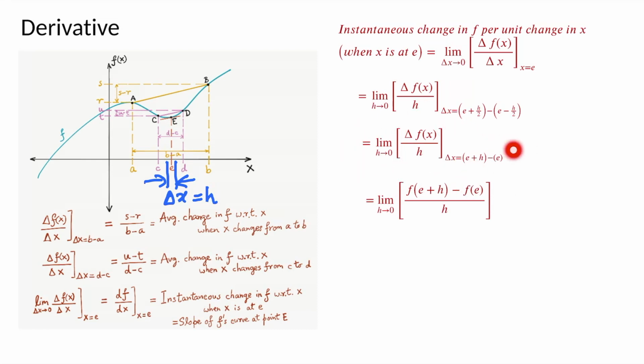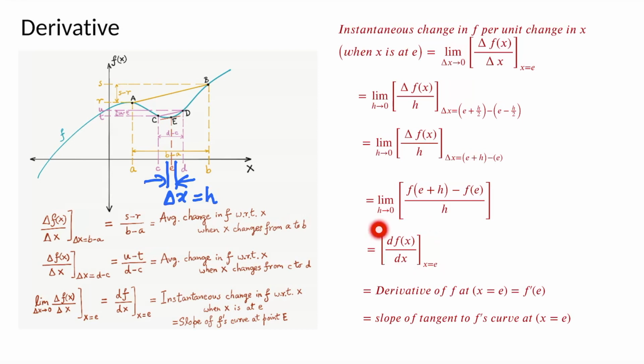So, probably a simpler way of writing that is this: the value of f at E plus h minus the value of f at E, divided by h, and the limit of that as h tends to 0. And this is what is defined as df by dx.